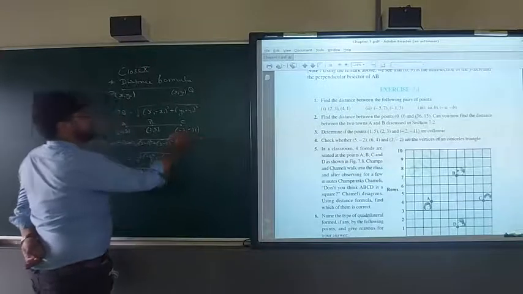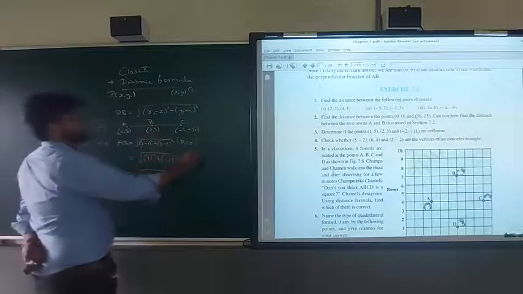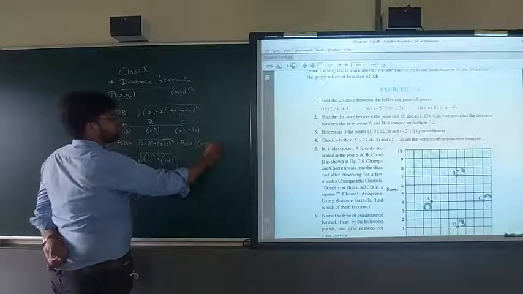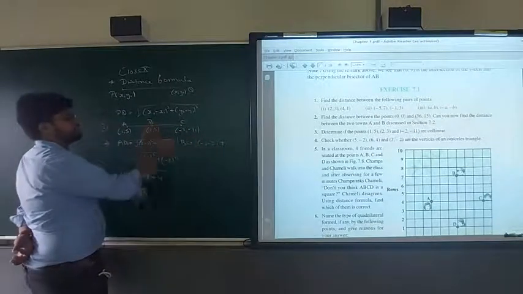Then you can find BC. BC is (x2 minus x1), that is (minus 2 minus 2) whole square, plus (minus 11 minus 3).